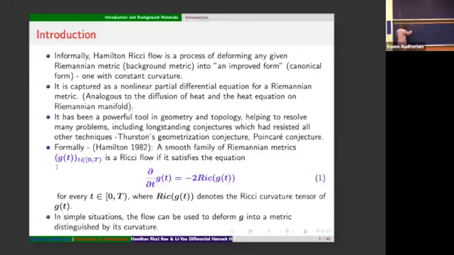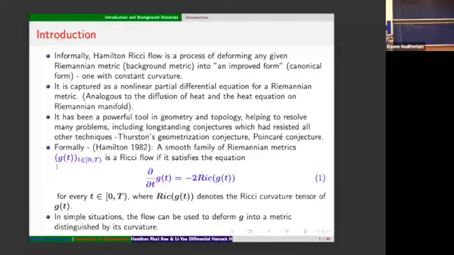I will explain all this, but this is just a formal way to introduce it. I've said informally, it's a process of deforming this metric. This is a metric g, and we write this as an evolution with respect to time, that is partial t of g equals negative 2 times the Ricci curvature tensor of this metric g(t). So this is the Ricci flow equation.